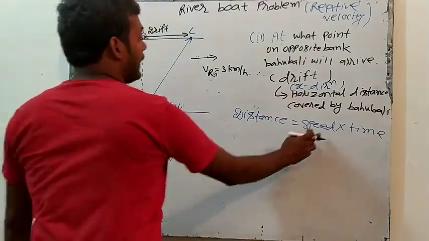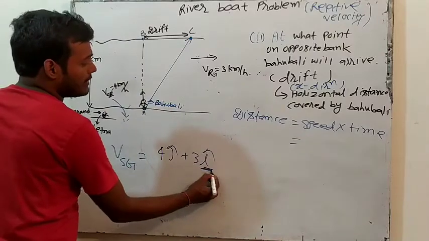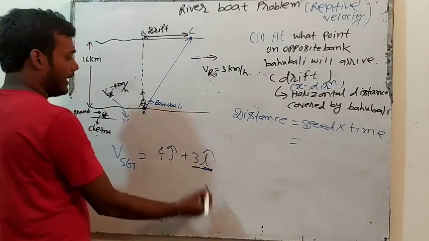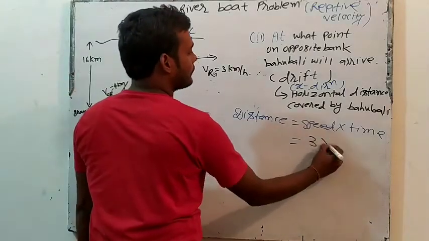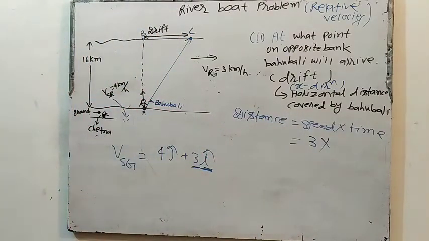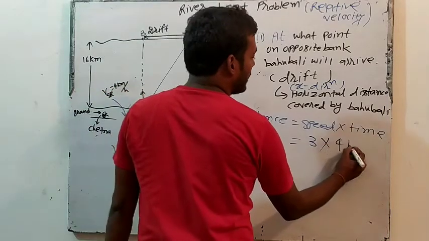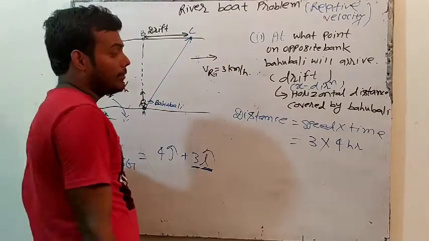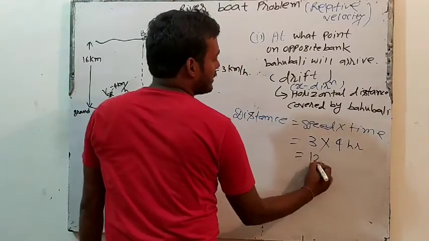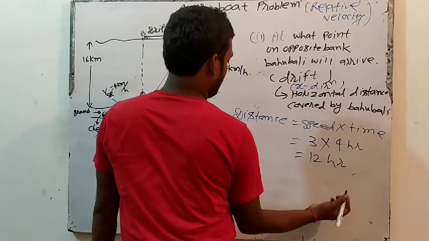We have to take speed in x direction. i cap means x direction, and what is the magnitude of the speed? 3 into what is the time? Time I have calculated in my previous question. How many hours are they taking? 4 hours. In the first question I have obtained this.